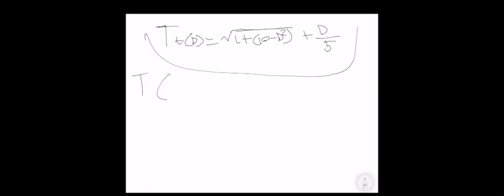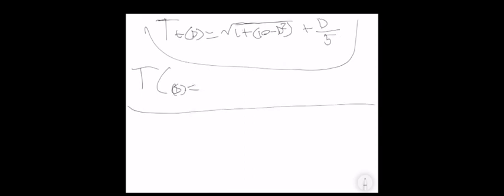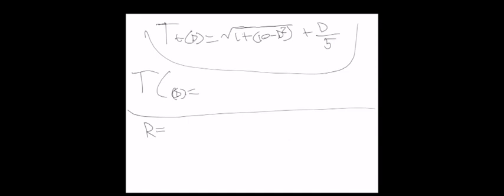So now we want to find the total cost function. Now the rate equals the cost over the distance. So then, using algebra, the rate times the distance, if we multiply both sides by d, equals c, the cost.